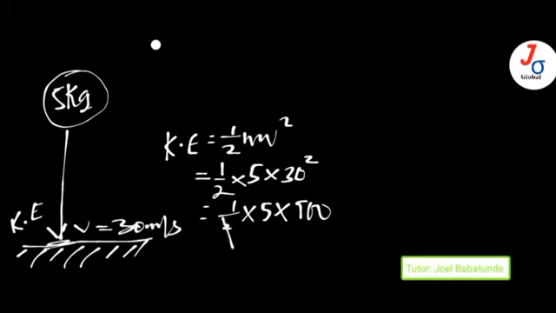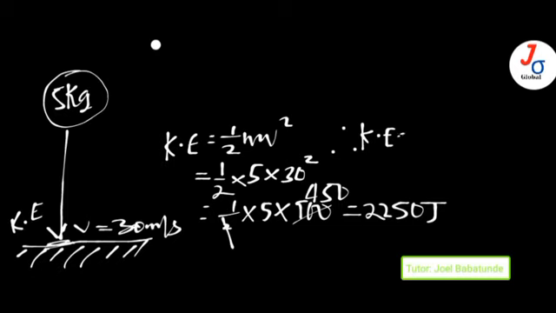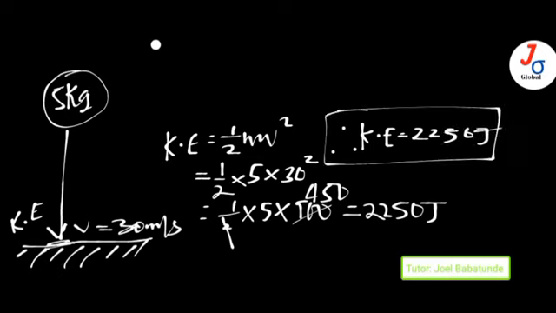So 2 cancels 2 in 900, and what you get is 450. Then 5 times 450 is 2,250 joules. So the kinetic energy for this stone just before it hits the ground is 2,250 joules.